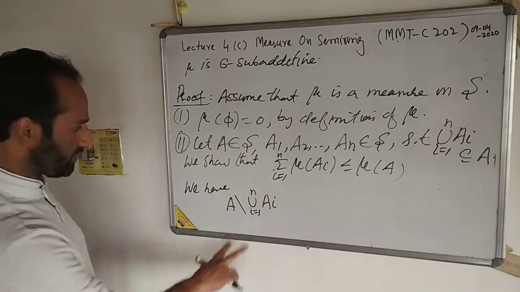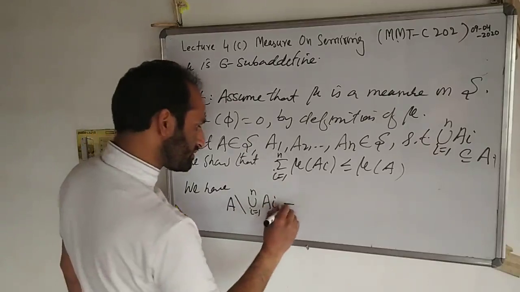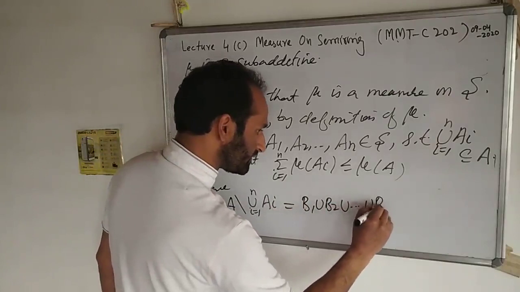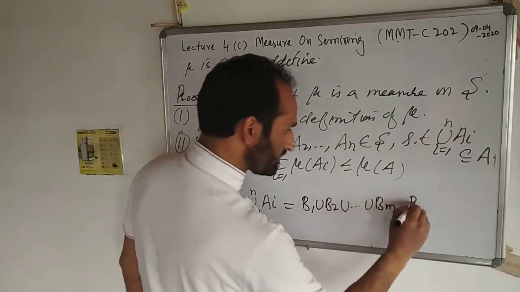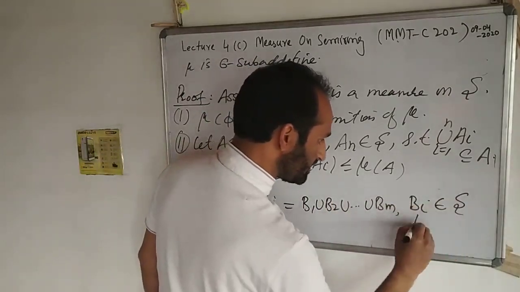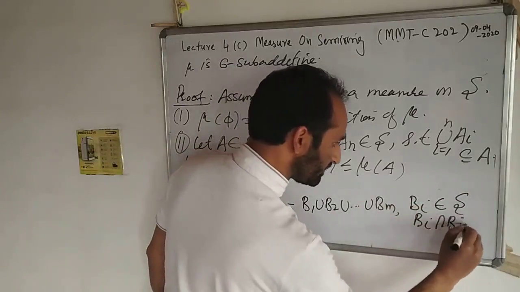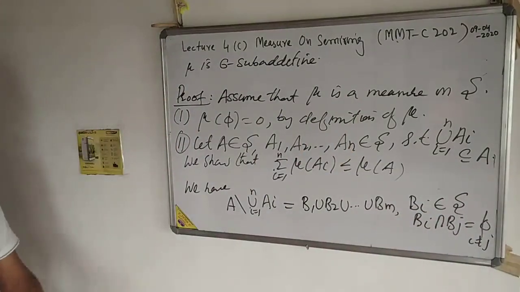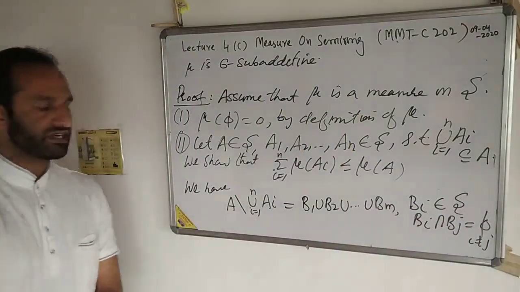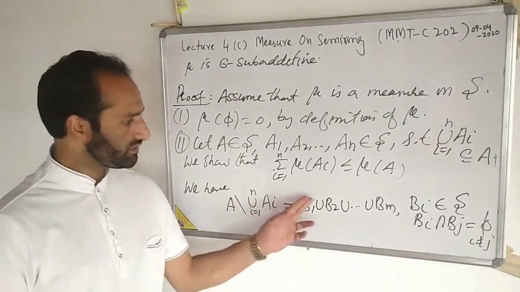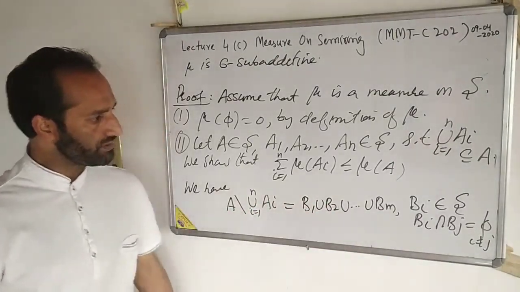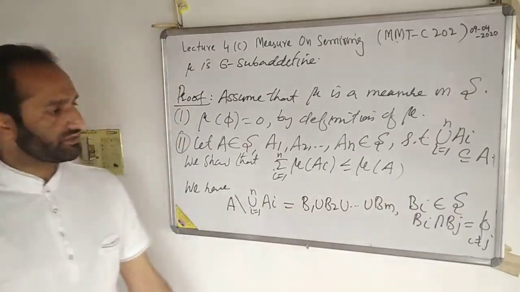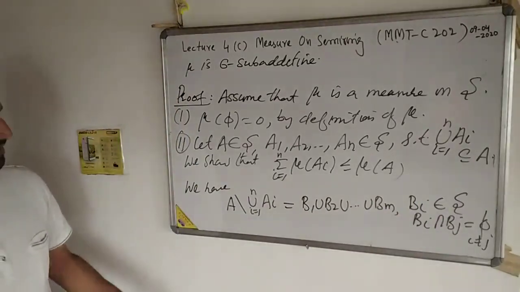It's already done that the difference can be written as a finite disjoint union of members of S. The difference of these two sets is equal to B1 union B2 union up to Bm, where these Bi's are members of S, and these sets are also pairwise disjoint.